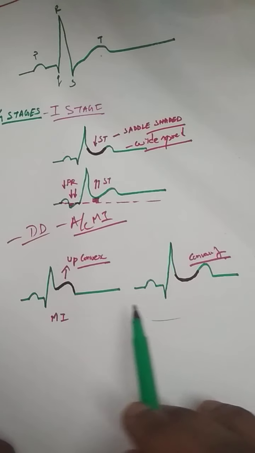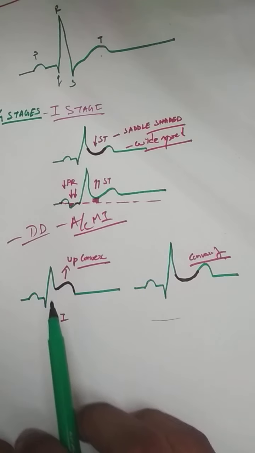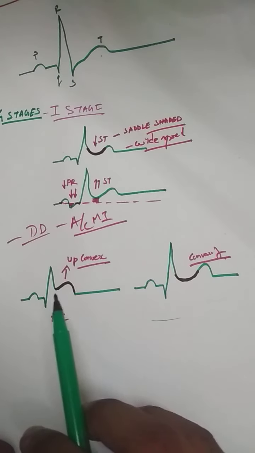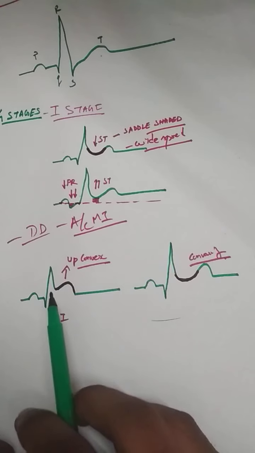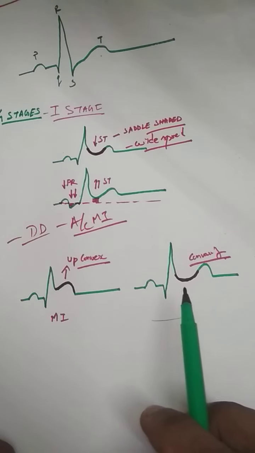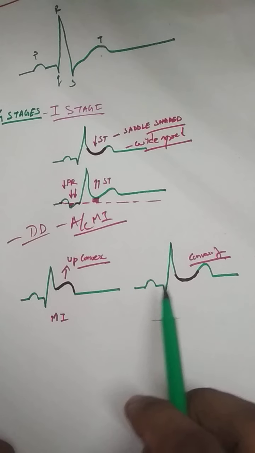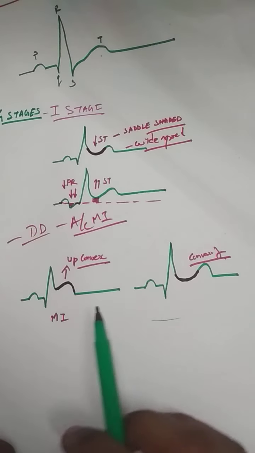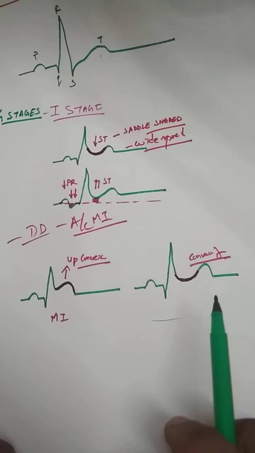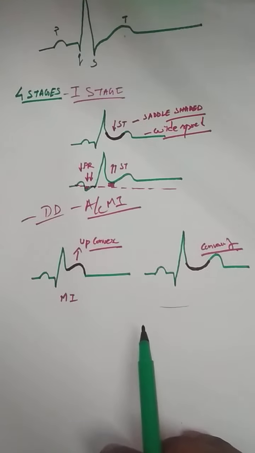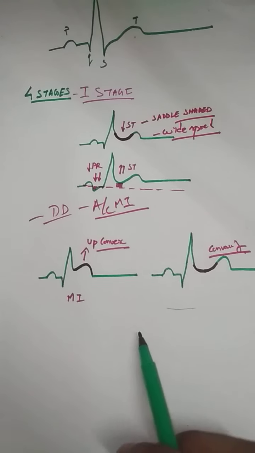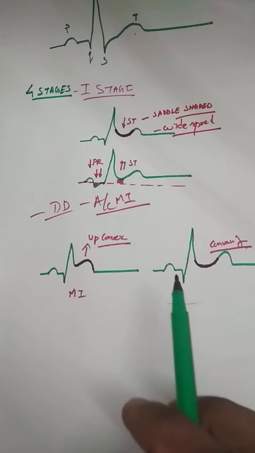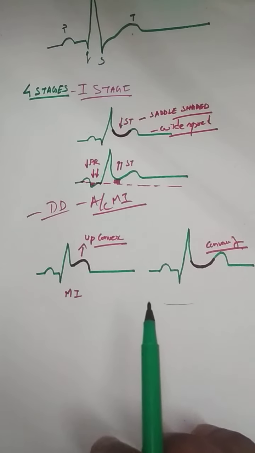But in myocardial infarction, only the concerned leads would show this, because the infarction is to a localized segment, so only a localized set of related leads would show ST segment elevation. Whereas in pericarditis, as the whole pericardium is inflamed, there would be widespread ECG changes which will not be present in myocardial infarction. So this first stage is practically important, because with the help of these changes we would be able to differentiate between the ECG changes of pericarditis and myocardial infarction.